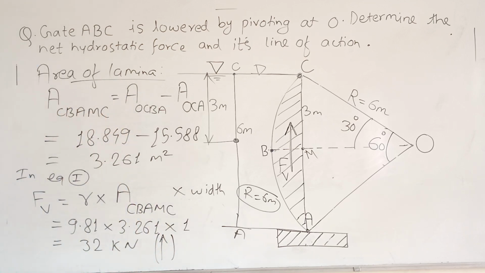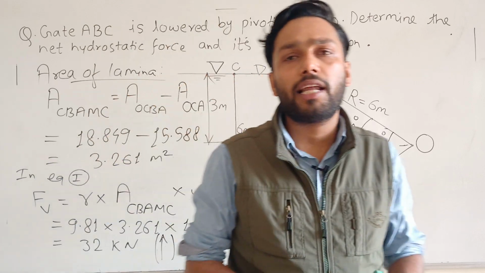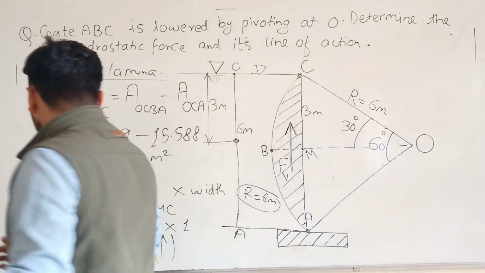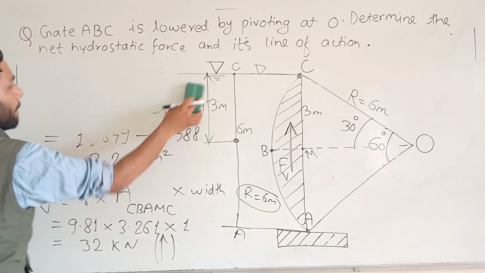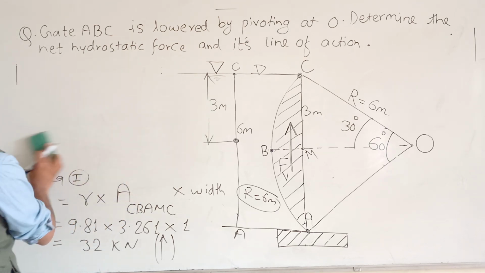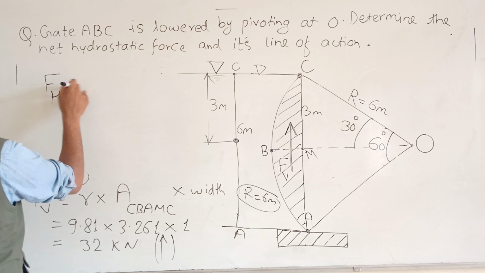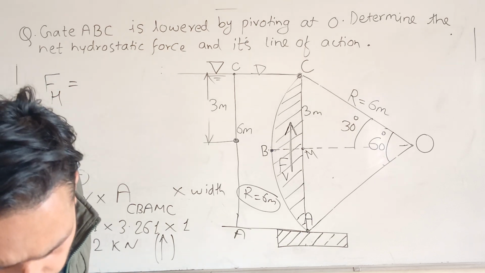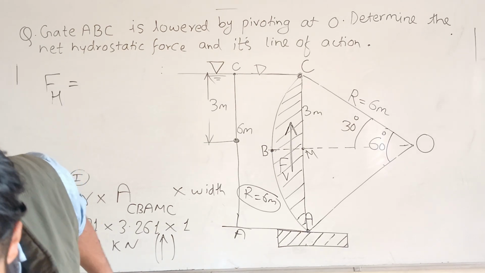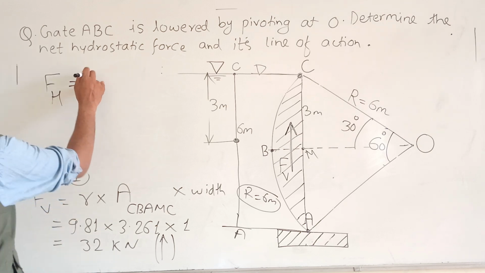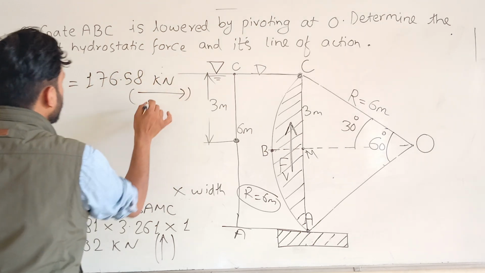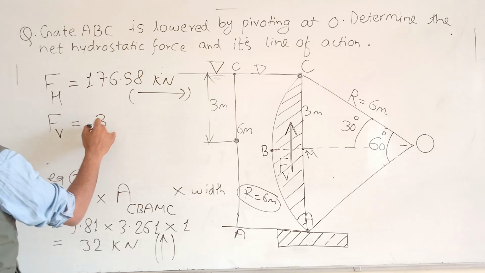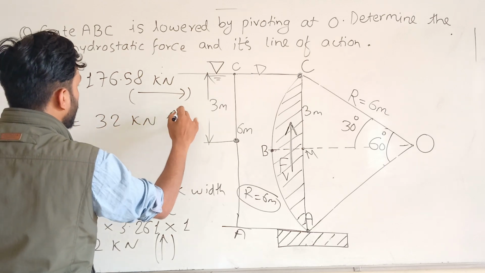So we have got the horizontal force and the vertical force, and let's find the resultant force and its line of action. The horizontal force on this curved surface is 176.58 kilonewton, acting in this direction, and the vertical force is 32 kilonewton, acting upward.